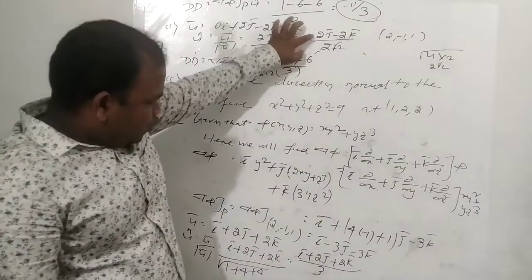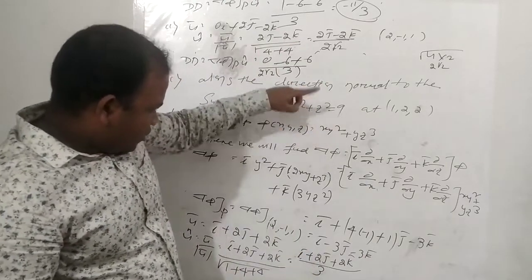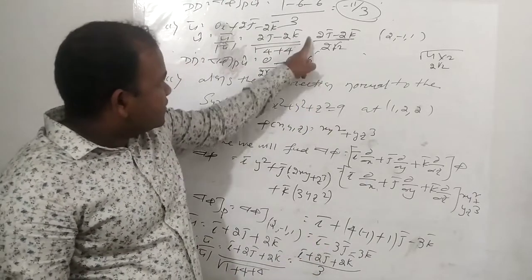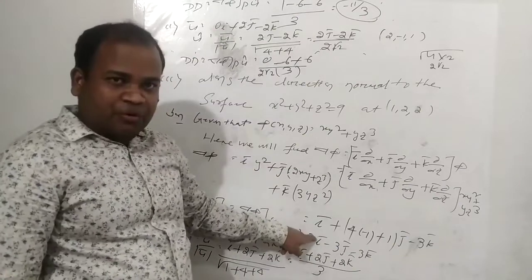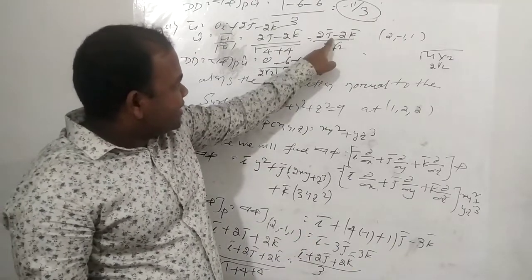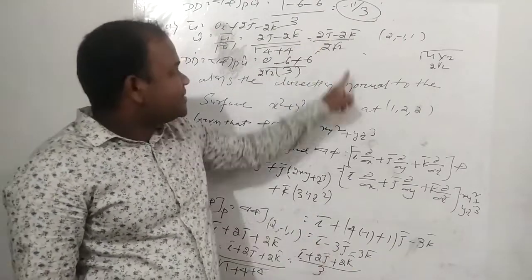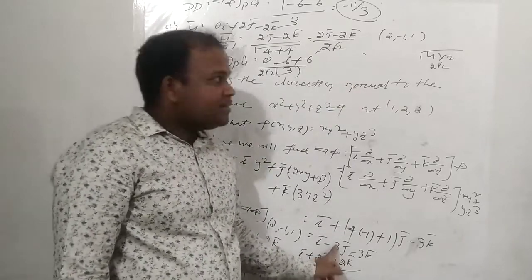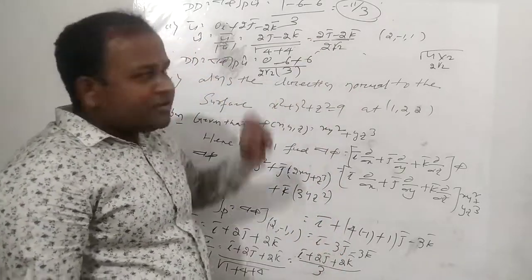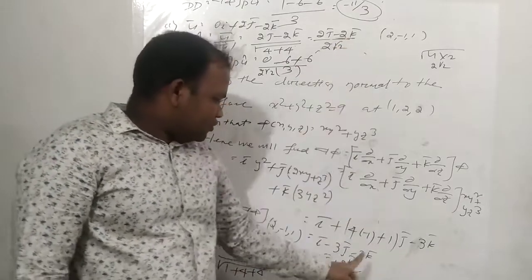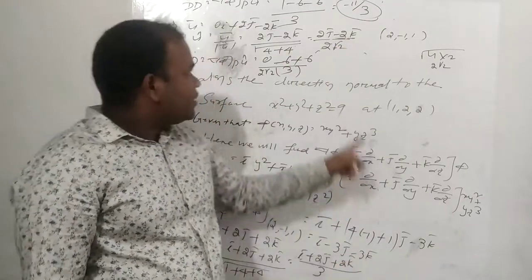In case of i it is 0. In case of j, 2 minus 3, j dot j is 1. So 2 minus 3 is minus 6, and minus 2 minus 3 is plus 6.